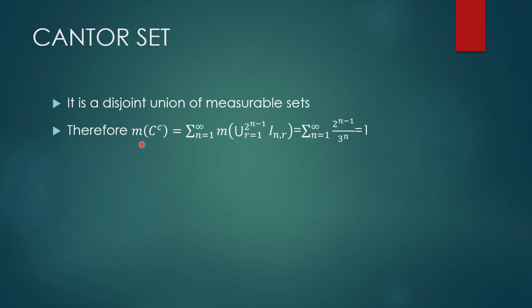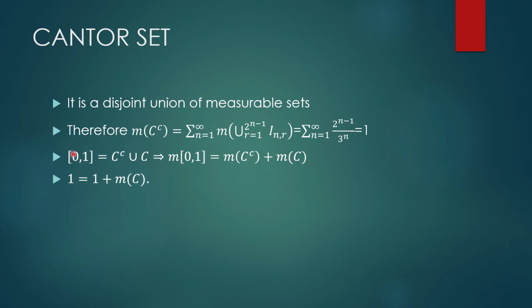Alright, so what does it say? It says that the measure of the complement of the Cantor set is equal to 1. But the closed interval 0, 1 can be written as the complement of the Cantor set union C, and this is a disjoint union. The measure of the interval is 1, which equals the measure of the complement plus the measure of C. Since we have shown that the measure of the complement of C is 1, ultimately the measure of the Cantor set is equal to 0.